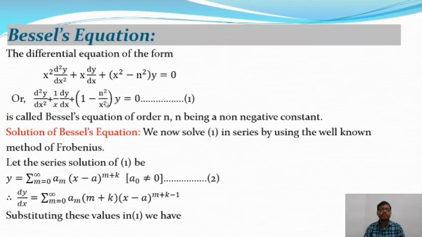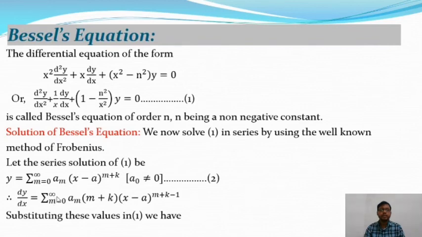Therefore, the first order differentiation of the required solution y is equal to the summation over m is equal to 0 to infinity of a_m into (x minus a) to the power m plus k, and the first differentiation is dy/dx is equal to the summation over m is equal to 0 to infinity of a_m into (m plus k) into (x minus a) to the power m plus k minus 1.